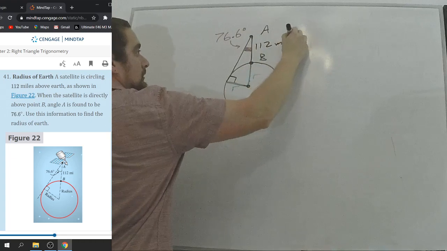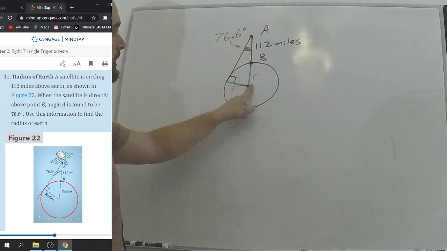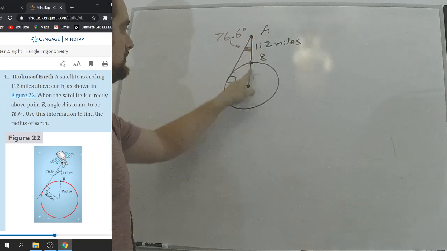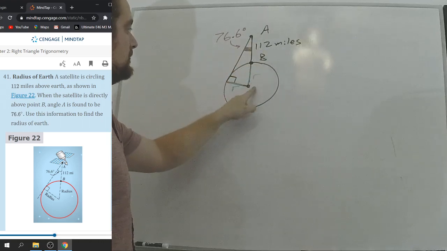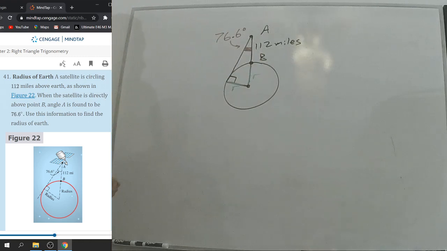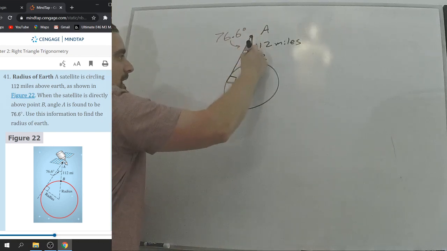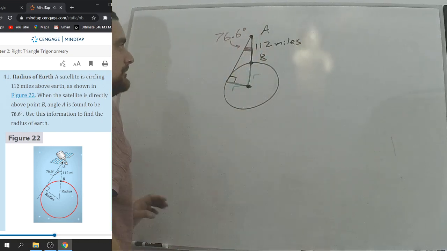There we go. Okay, nicer diagram. Here we have an angle. I'm looking at an opposite side, and this is the hypotenuse, all of 112 plus the radius. Obviously, my scale is not close here. It's just a general picture.